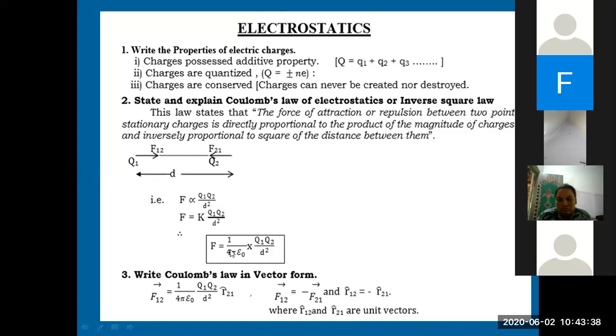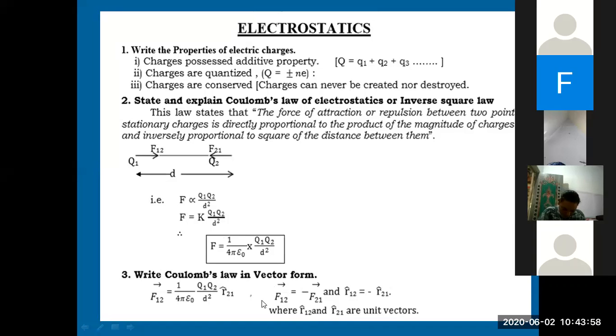It is constant. So here K is your proportionality constant and its value is equal to 1 divided by 4 pi epsilon naught. This is your mathematical form of Coulomb's law. F is equal to 1 divided by 4 pi epsilon naught Q1 Q2 divided by R square.